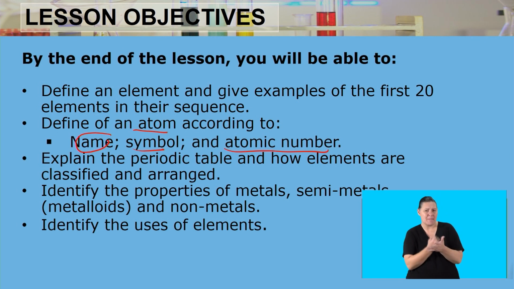Number 3, we need to explain the periodic table and how the elements are classified and arranged in it. Number 4, we need to identify the properties of metals, semi-metals, and remember that sometimes these are referred to as metalloids, and then the non-metals. The last objective is for us to be able to identify the uses of elements in our everyday lives.